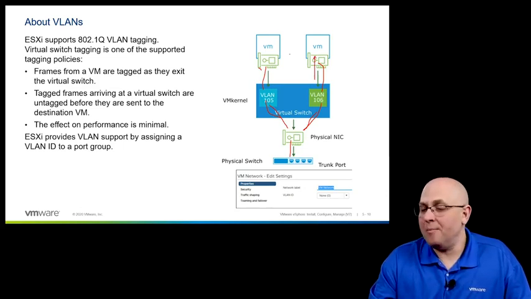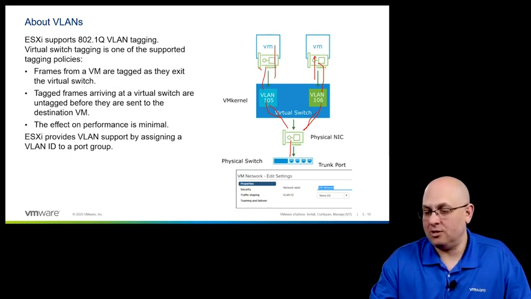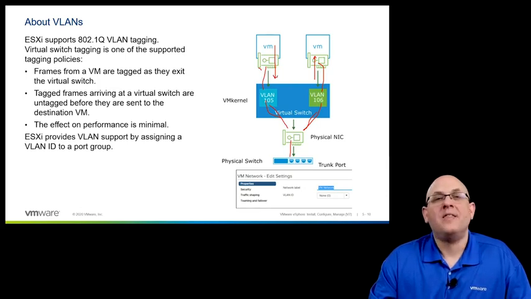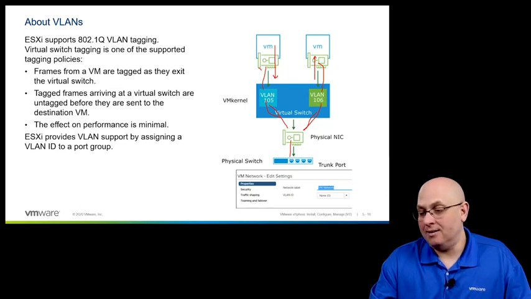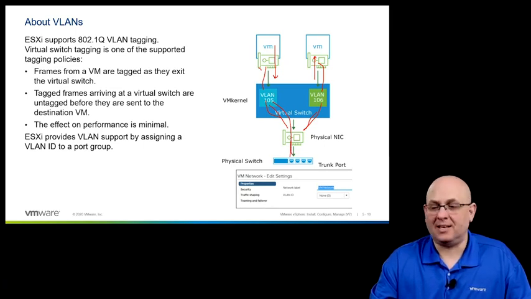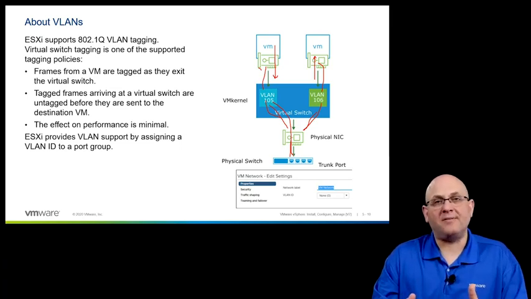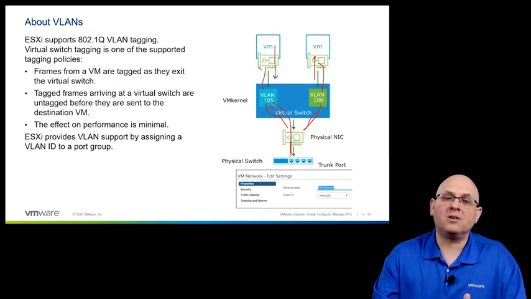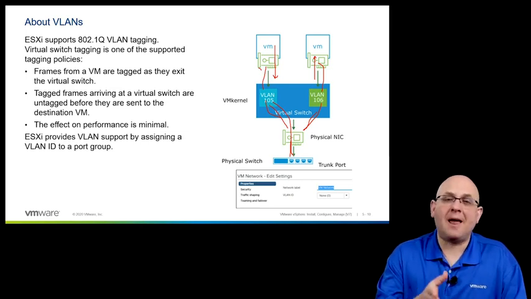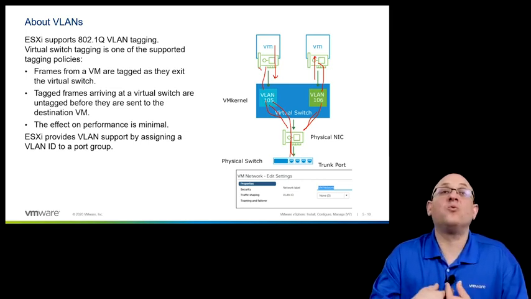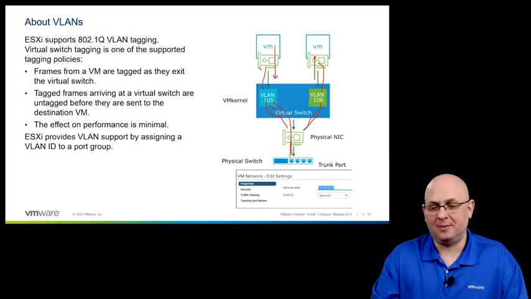Any traffic coming from the virtual machines, once it hits the virtual machine port group on the virtual switch, will have the tag added, then pass through the physical NIC and out to the physical port on the ESXi host itself. Okay? So that allows us to separate traffic on multiple networks when we're using the same physical ports, which is a really, really useful system.